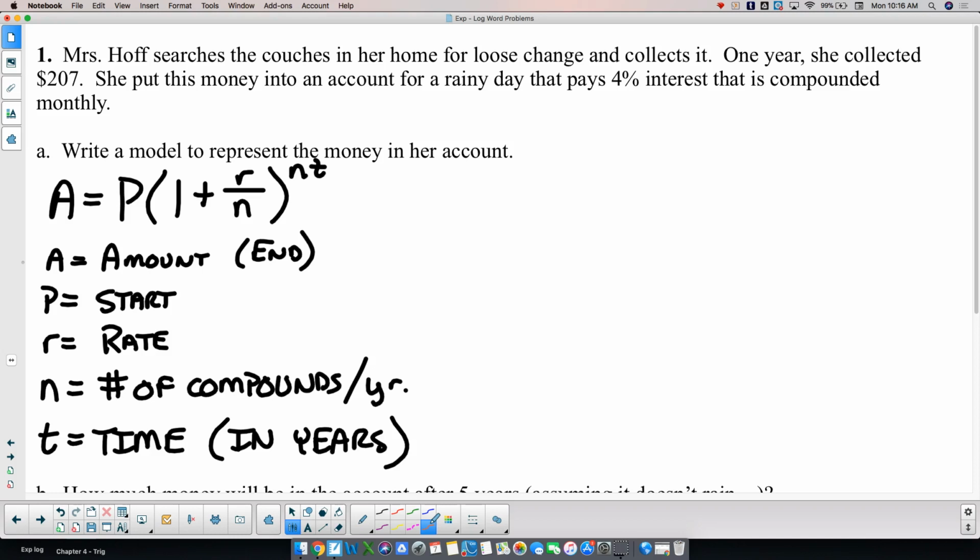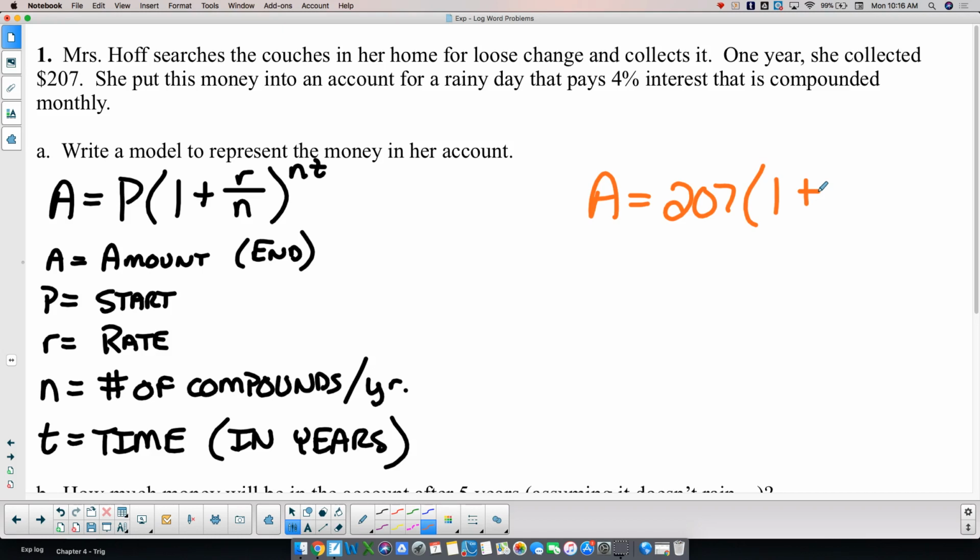So, A is the amount that's going to be in the account at any given point in time. P is how much money she started with. How much money did she start with? $207. 1 is 1. R is our interest rate. What is our interest rate? 1.2? No. It's just 0.04.